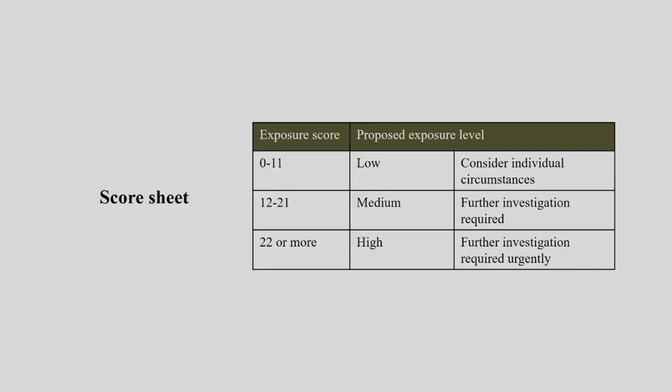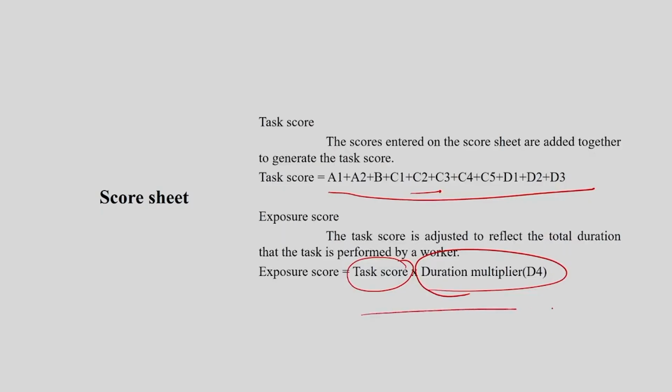If it is 12 to 21, we will call it medium, and the interpretation says further investigation is required. And if it is 22 or more, then it is high, so you should start the investigation immediately. Okay, so that is the interpretation of the scores which we are getting over here.